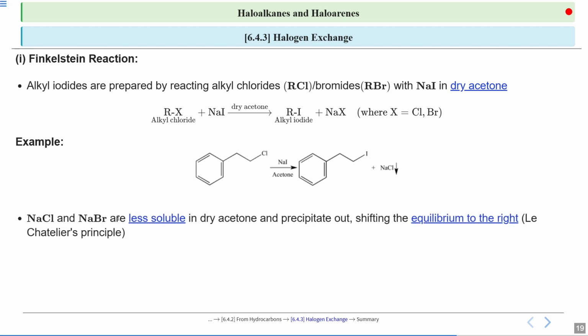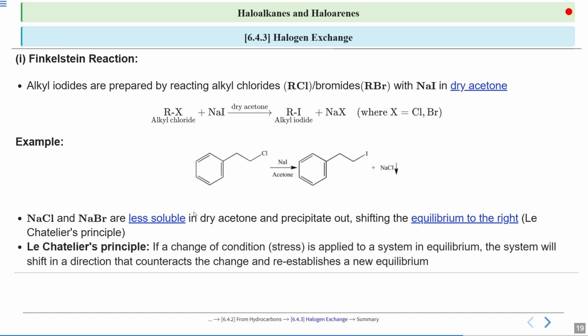NaCl and sodium bromide are less soluble in dry acetone, and that's why they precipitate out as the reaction is carried out, shifting the equilibrium to the right, in the direction of the desired product formation. And this is what Le Chatelier's principle says.